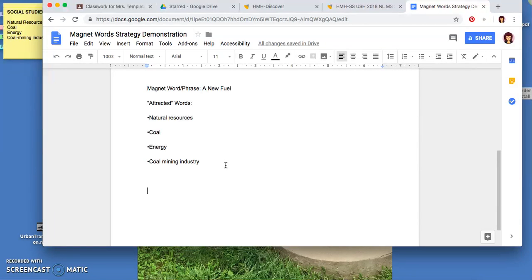And I'm going to say, during the Industrial Revolution, we started using the natural resource of coal as a source of energy. The coal mining industry became stronger.